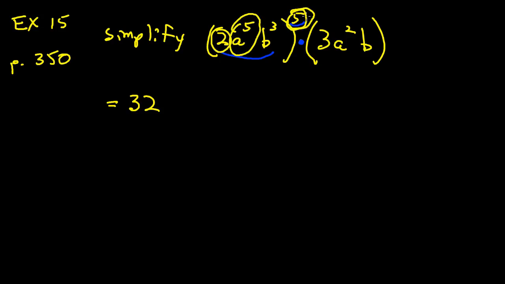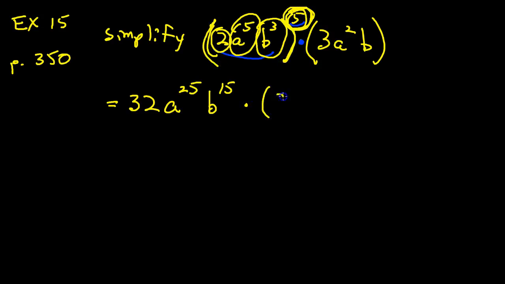a to the fifth power to the fifth power: well, power of a power, you multiply the exponents. I'll get a to the 25th power, right? b cubed to the fifth power: well, that's going to be b to the 15th power. So that takes care of this outer exponent working on this first set of parentheses.